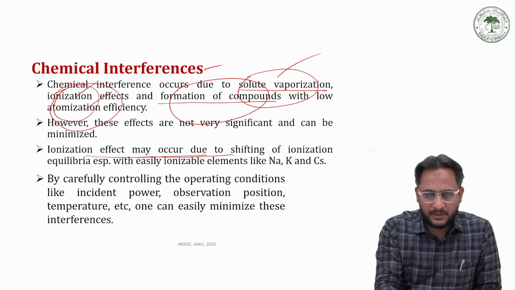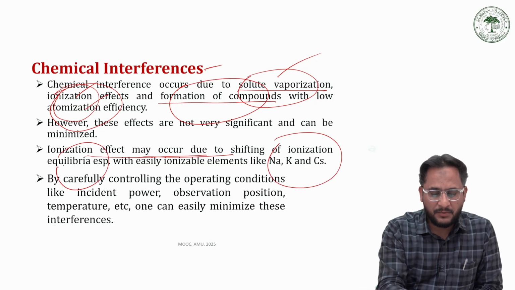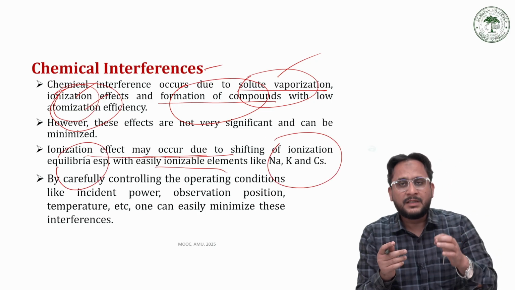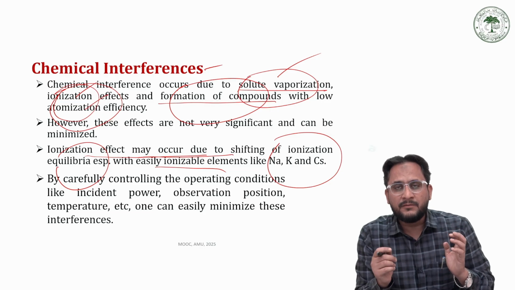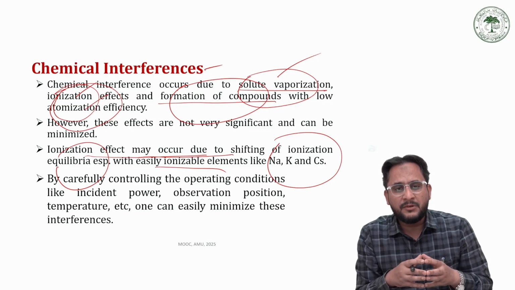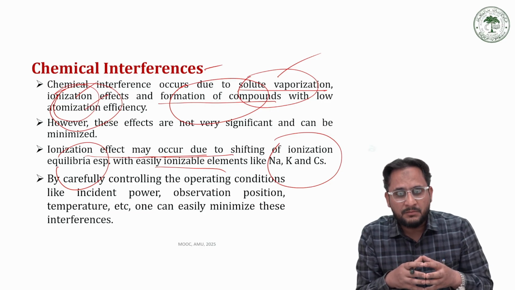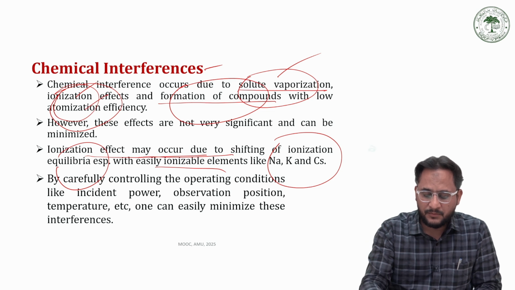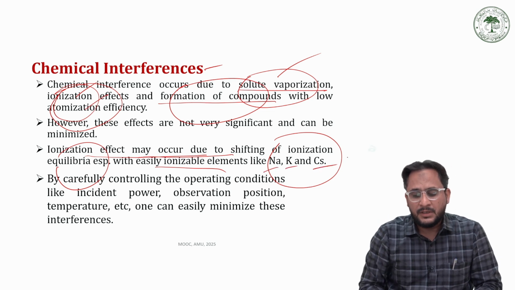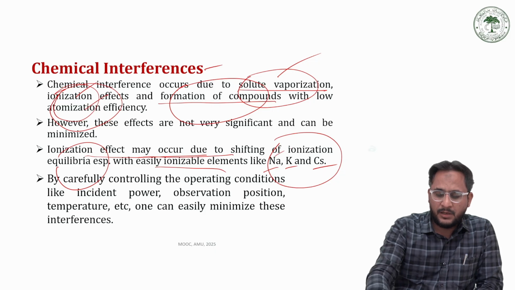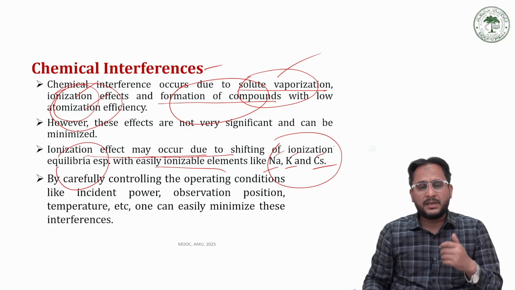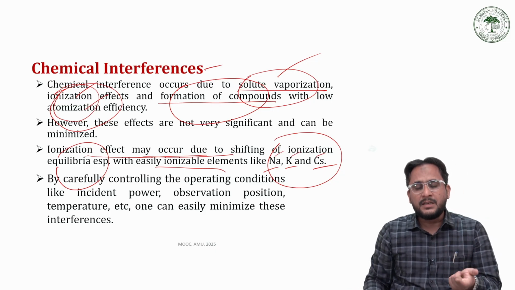The ionization effect may also occur due to shifting of ionization equilibria. For example, if certain samples require high temperature for ionization, but other elements present in the sample ionize very quickly, the quick ionization creates excessive electrons and ions in the plasma.